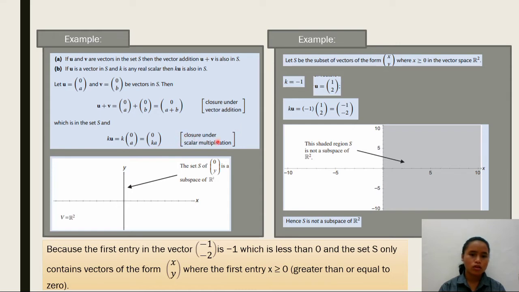So this is closure under vector addition and closure under scalar multiplication. This is an application in the Cartesian coordinates. The set S is a subspace in R squared.